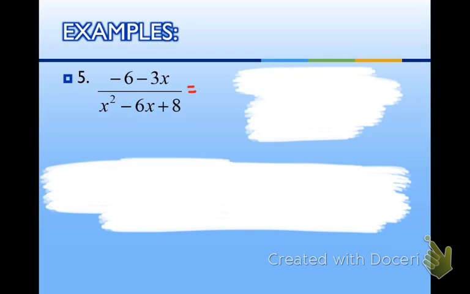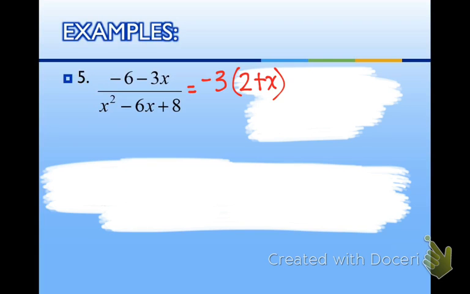I would recommend taking out a -3 just because they're both negative terms. And we like what's in parentheses to start off with a positive if we can. So what do we end up with in there? 2 plus x. Okay, so we took out a -3 from both of those and made both terms inside positive. We also divided both parts by a 3.